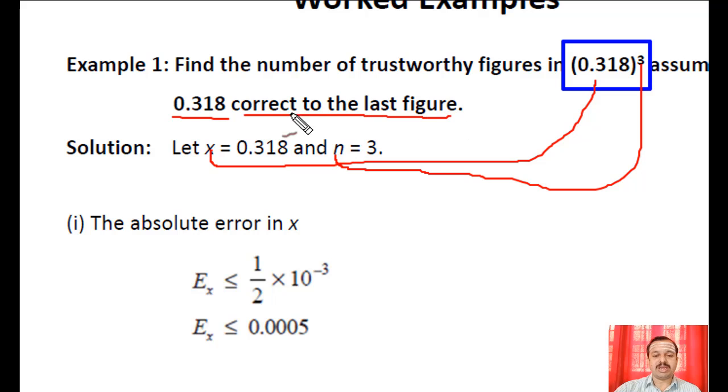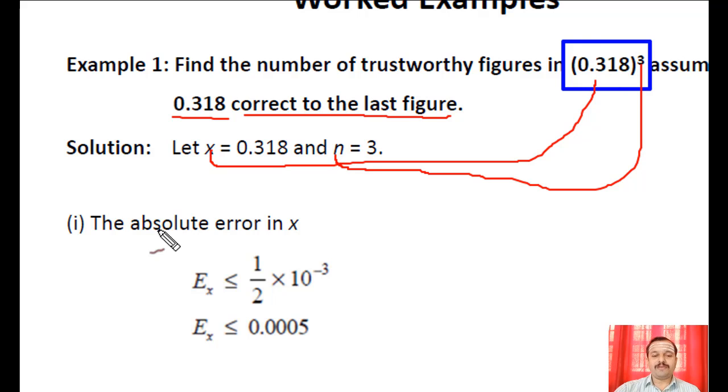Last figure is 3 decimal places. So up to the last figure if we consider, then what will be the number of trustworthy figures in this computation, that we have to find out. In order to do that, we have to determine the error associated with this computation.